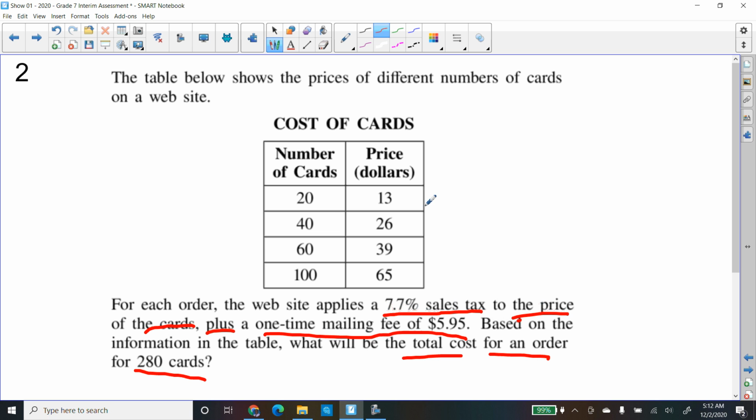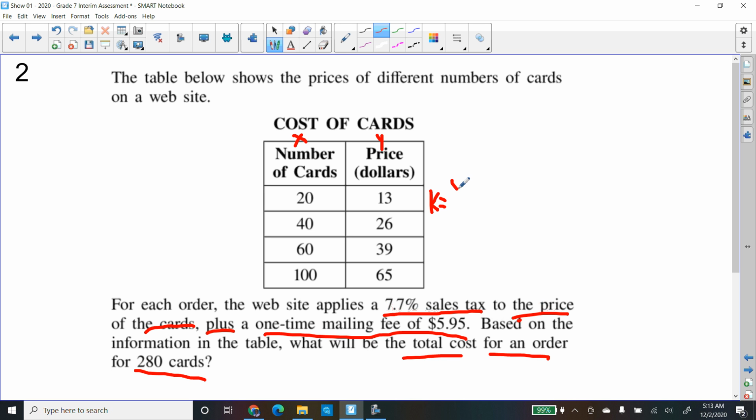So let me see the cost of one card, which would be another way of saying the constant of proportionality or unit rate. So the cost of one card would be my Y column divided by my X column.